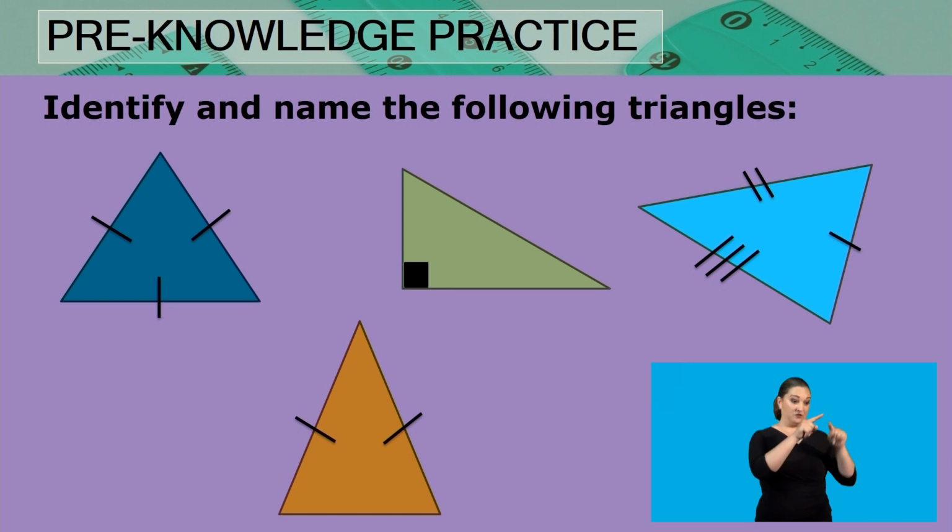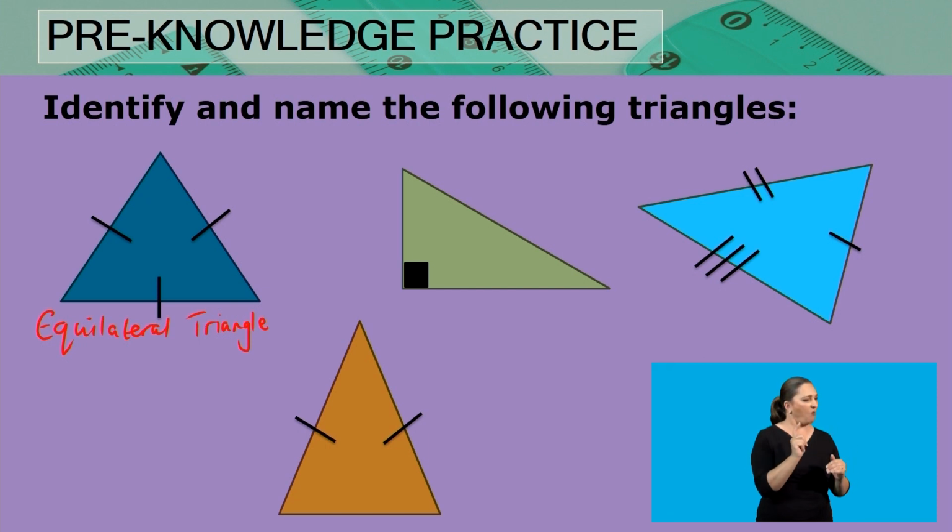Now, the first triangle here has three angles that are equal, as shown in the diagram. Do we know what type of triangle that is? Yes, this is an equilateral triangle. And how do we know that? That is because all of the sides are equal, which means all of the angles are equal.